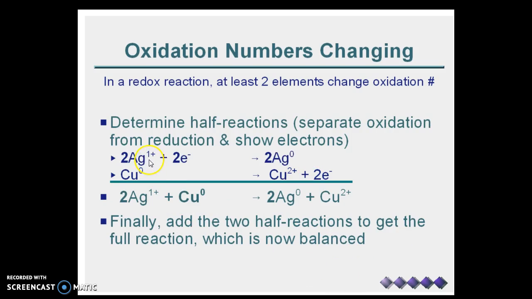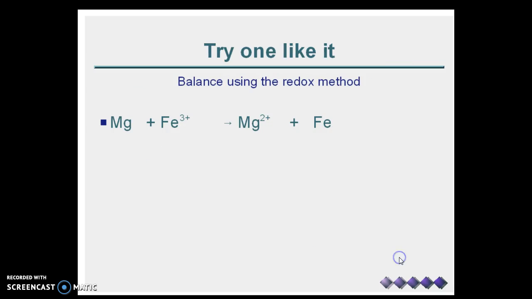We can then add the reduction to the oxidation, and we see 2 moles of silver ions react with 1 mole of copper metal to form 2 moles of silver metal and 1 mole of copper 2+ ions. This is now a balanced reaction. You can put the anions in if you wish, the nitrates. So here's one for you to balance.